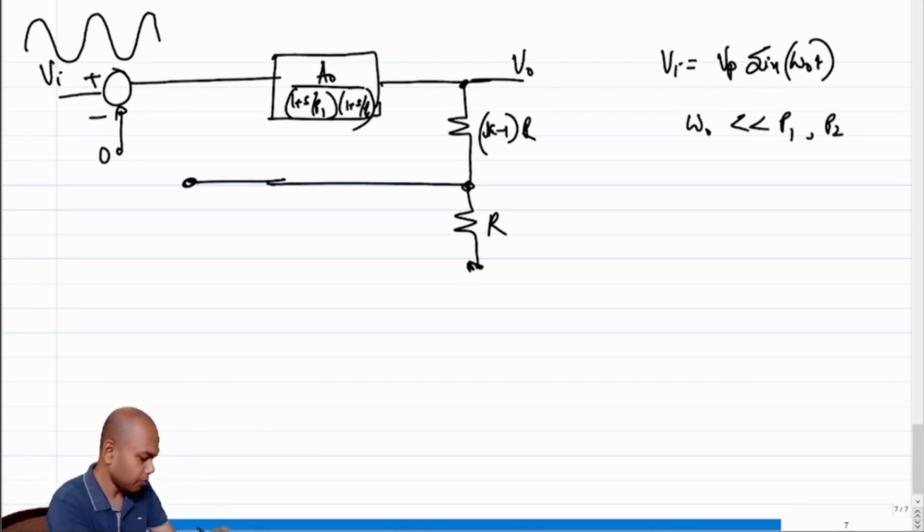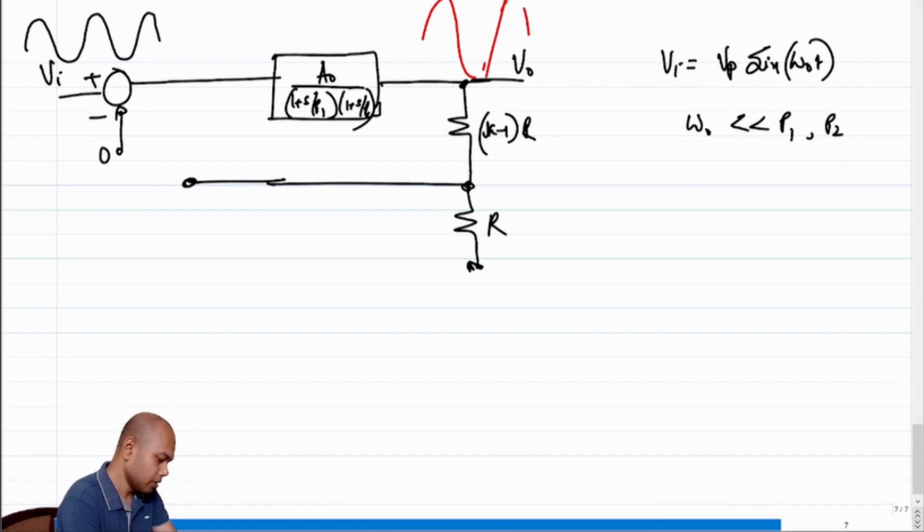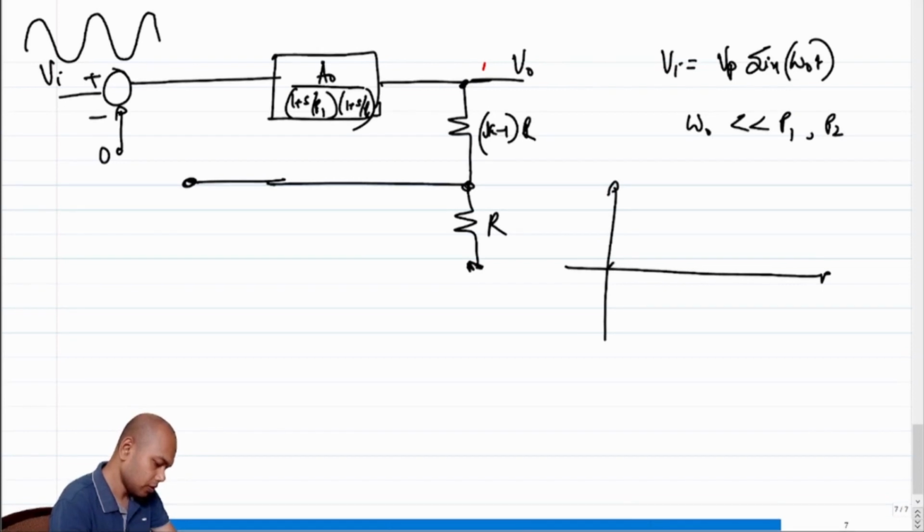So what will be V naught? If this is an ideal voltage controlled voltage source, V naught will be A naught times Vi. If I have to sketch it in the same plot, let's say this is A naught.